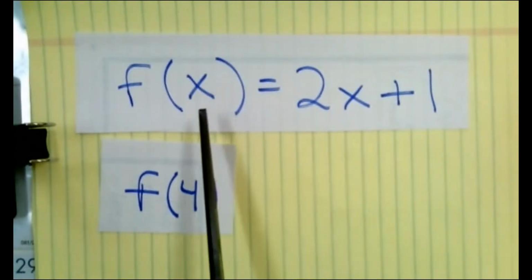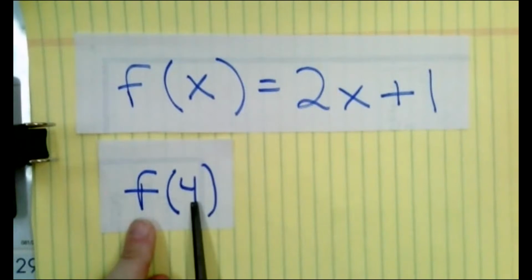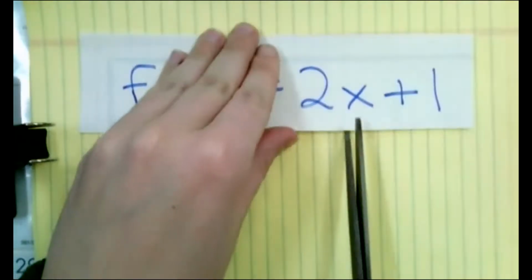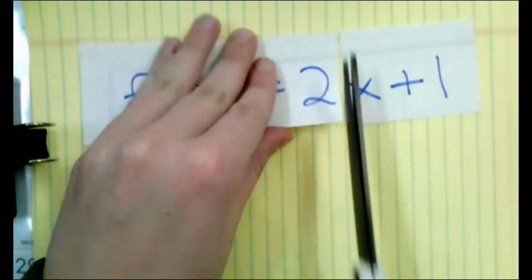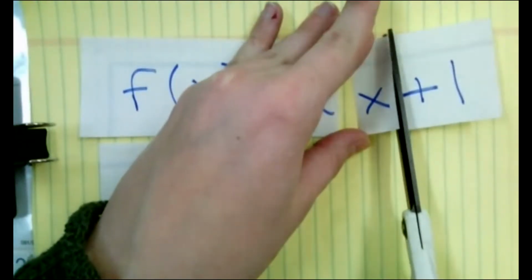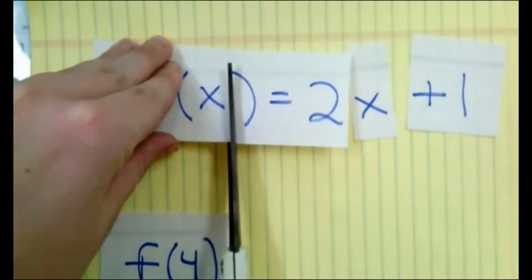So what that means is on this side, rather than an x, I now have a 4. So on the other hand, I want to come over here and wherever I see x, this x right here, I can cut it out on this side too.